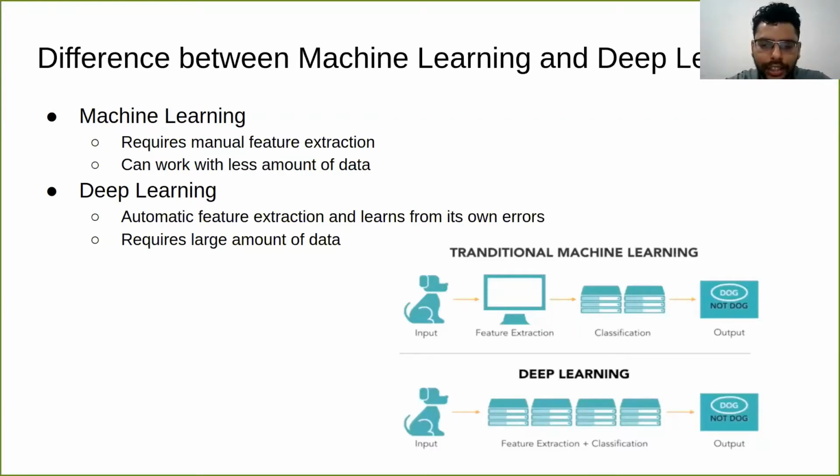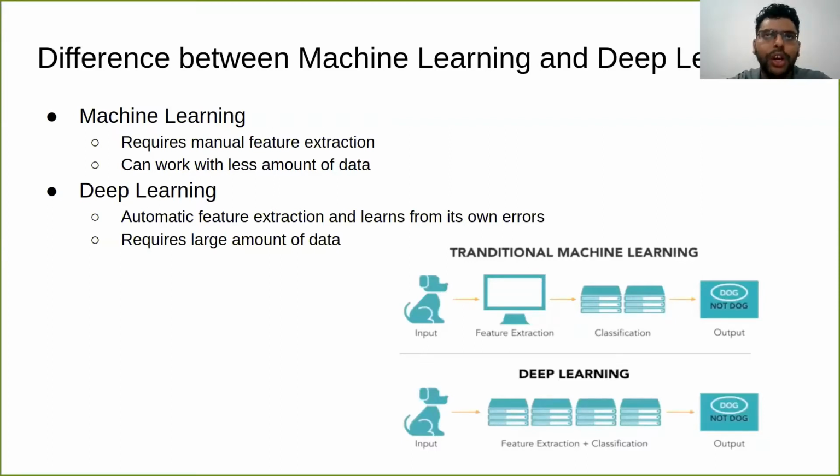As you can see in the image here, in the traditional machine learning approach, if you want to classify a particular image as a dog or not a dog, we have the image of a dog, and we have to identify the features of the dog. It can be what its ears look like, what its eyes look like, does it have a tail, what its nose looks like, hands, and so on.